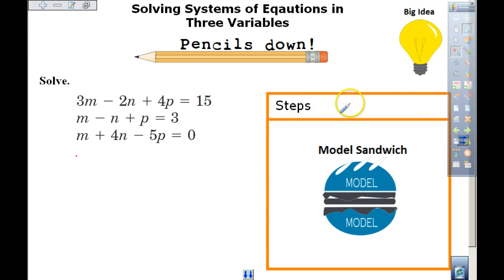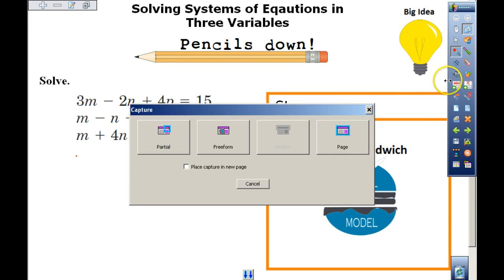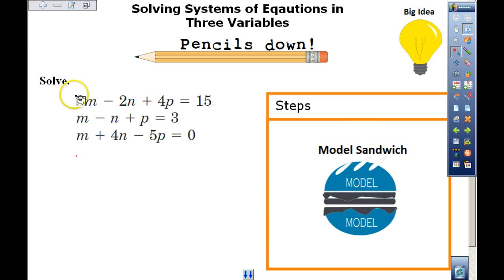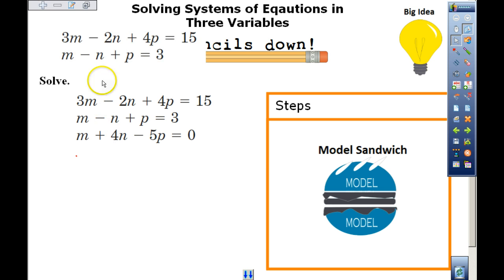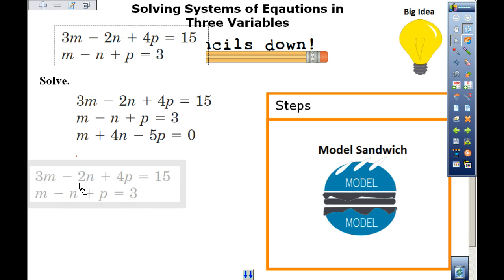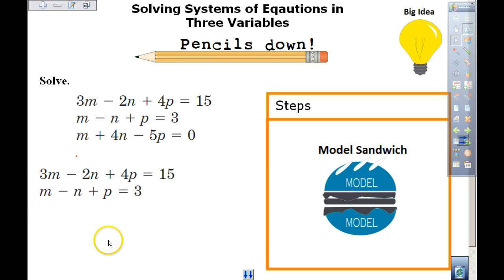Here's what I mean. Let's eliminate one variable from just these two. What variable can I easily eliminate?